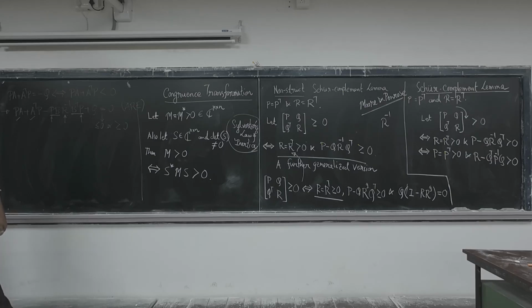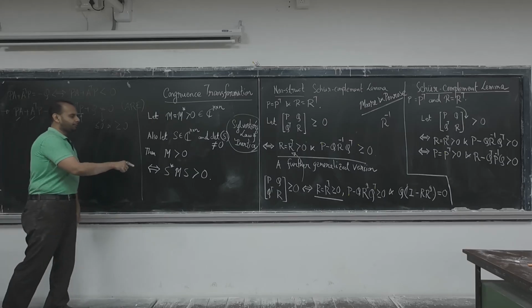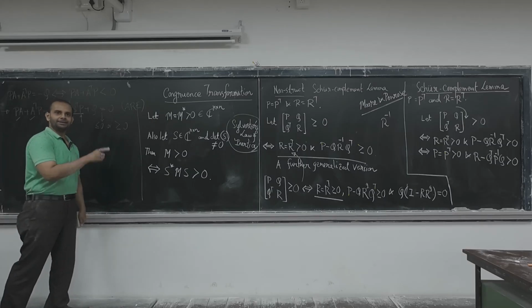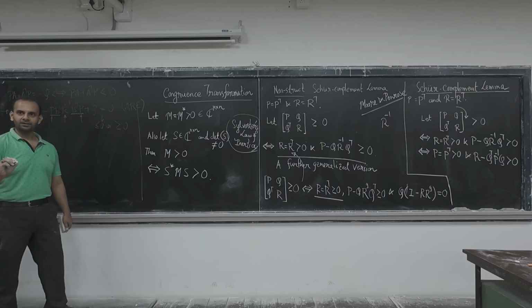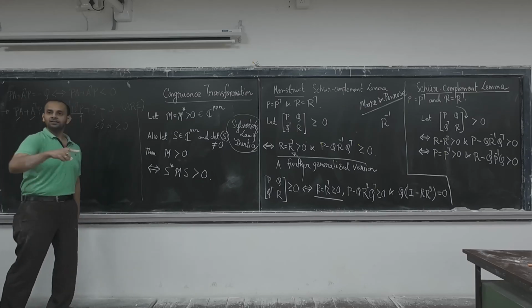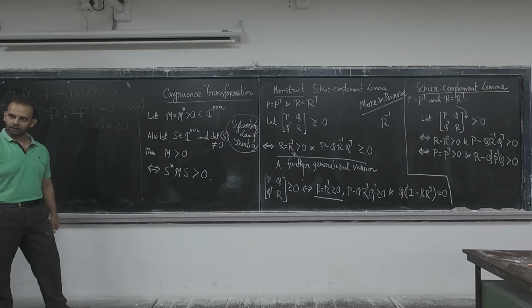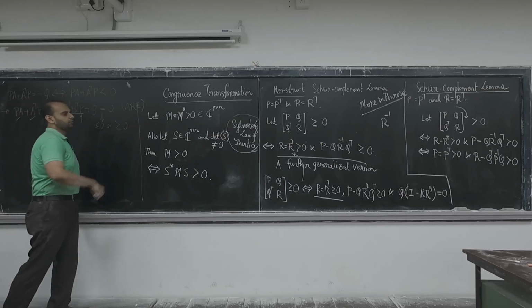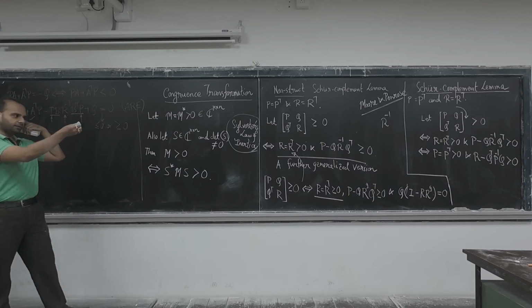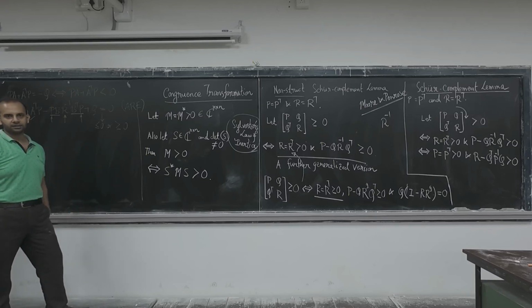What is the meaning? Suppose M is a Hermitian positive definite matrix. Then if you pre- and post-multiply M by any non-singular matrix, the definiteness would be preserved, okay? Not only this much, there is something more, which was Sylvester's finding. I am going to write it.